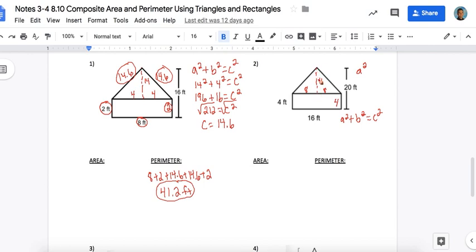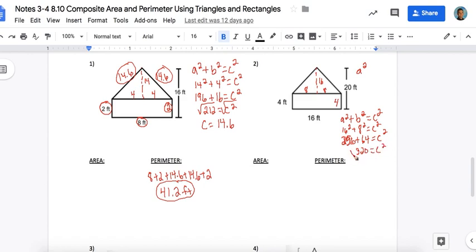Okay, a squared, I'm going to use this as a, so 16 squared plus the bottom is 8 squared. 16 squared is 256, plus 8 squared, which is 64. So 256 plus 64 equals c squared. When I add those together, I get 320 equals c squared.